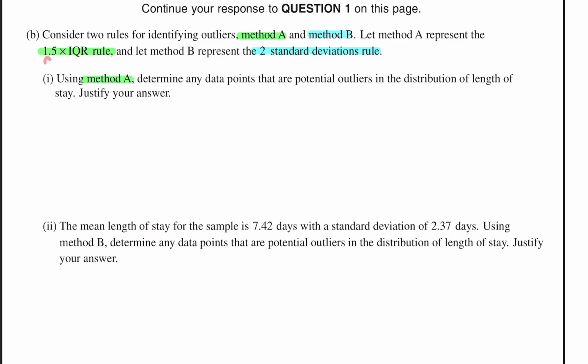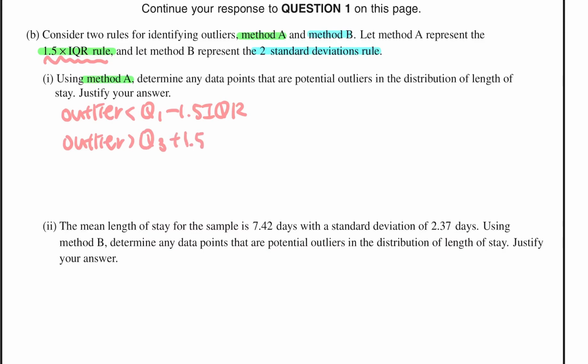The 1.5 times IQR rule means that anything is considered an outlier if it is smaller than Q1 minus 1.5 IQR, or larger than Q3 plus 1.5 IQR.